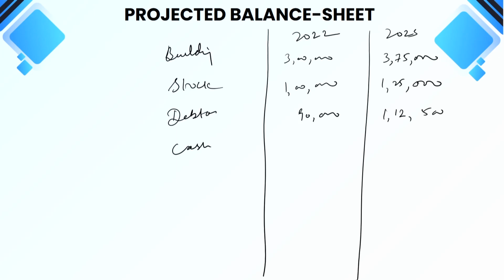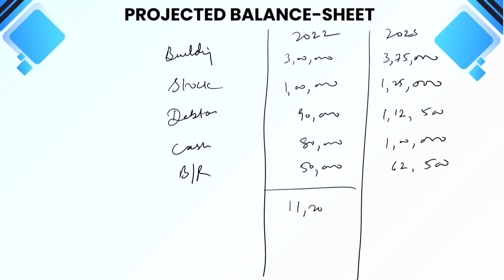Then we have the cash of rupees 80,000, adding 25% will become 1 lakh rupees. And the bills receivable, which was given 50,000, will become 62,500. So now taking the total of the asset side, we find that the total of the assets would be 14,50,000.